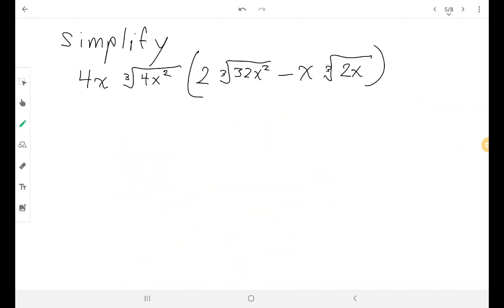All right, let's talk about a bigger distribution here. It's got a minus again, so I'm going to want to write the whole thing with plus negative. So 4x times the cube root of 4x squared times 2 times the cube root of 32x squared plus negative x times the cube root of 2x.